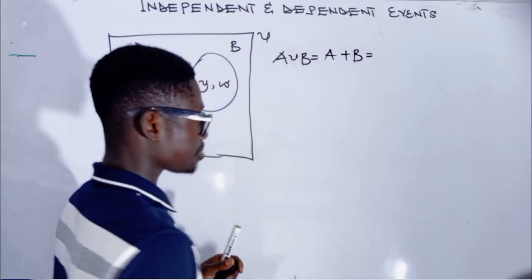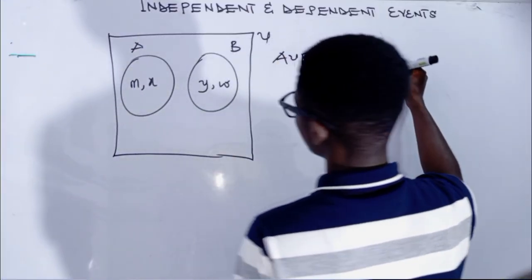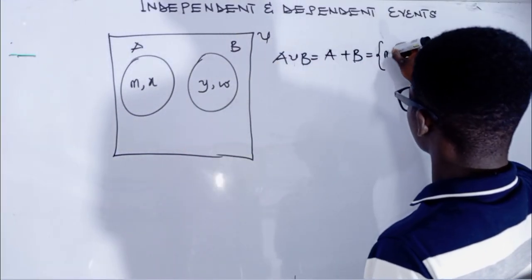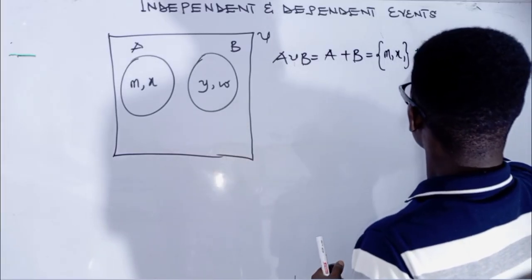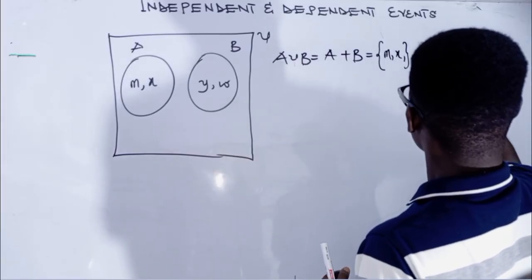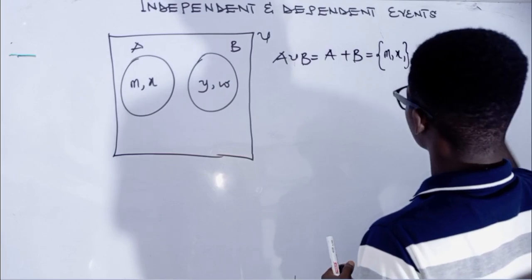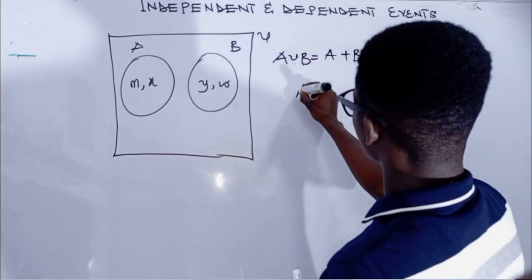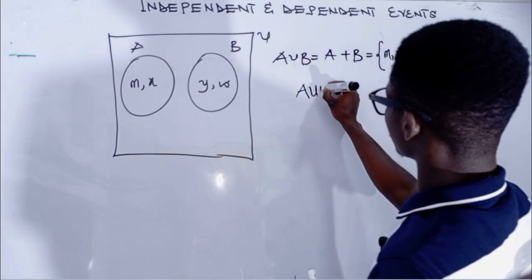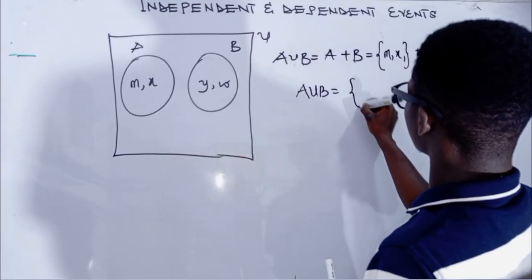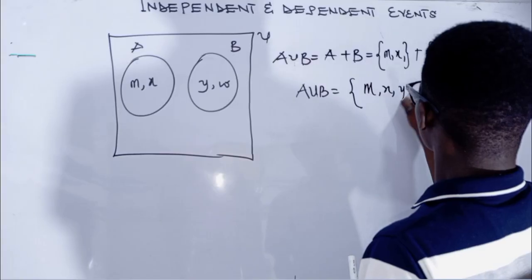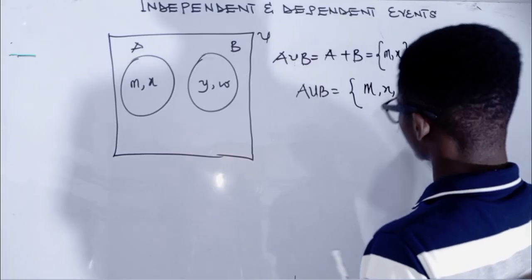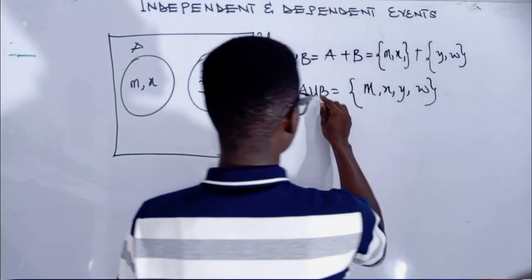Which is the same as the elements in A, which are m, x, and then we have the elements in set B, which are y, w. So we can say that our A union B will be given as m, x, y, and then w. That is A union B.